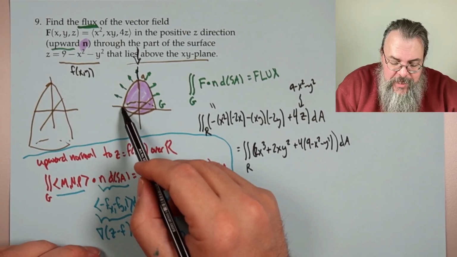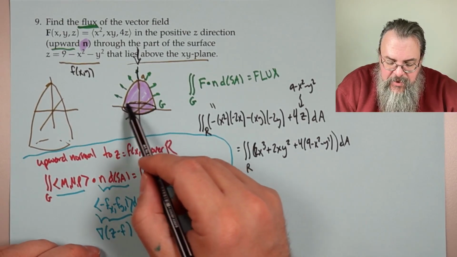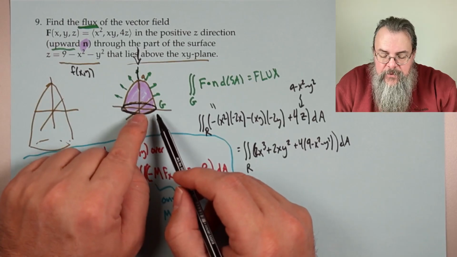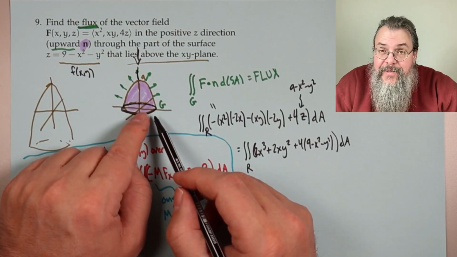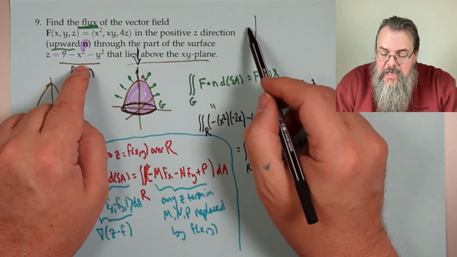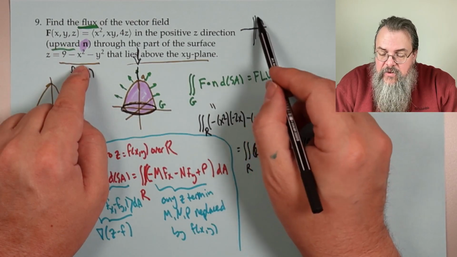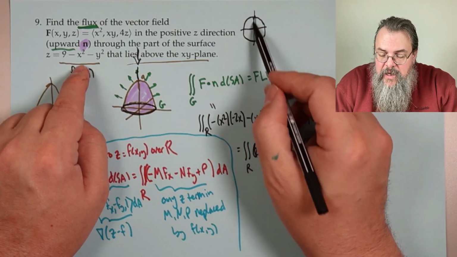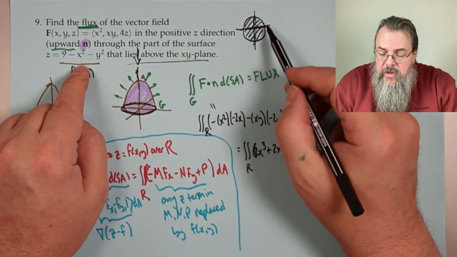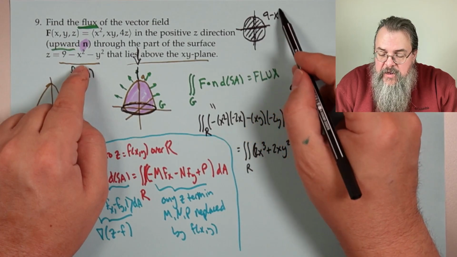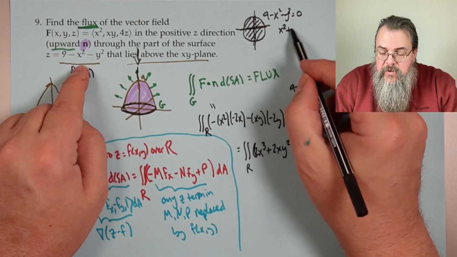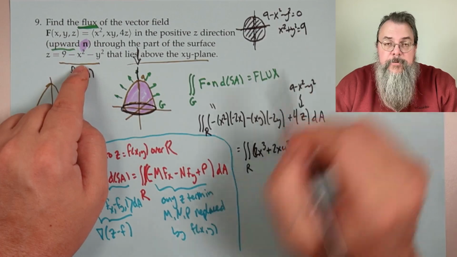Well, we're really going to see the outer edge is this piece right here, which is caused when we have the xy plane itself at z equals 0. So what we're seeing is a circle. And what circle is it? Well, the outer part is where 9 minus x squared minus y squared equals 0, or x squared plus y squared equals 9.